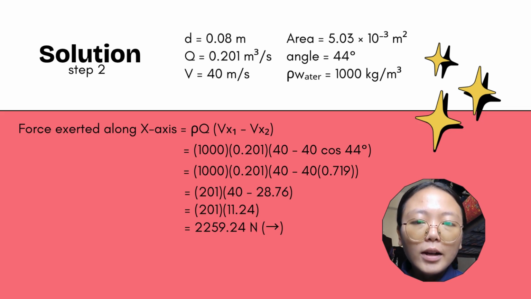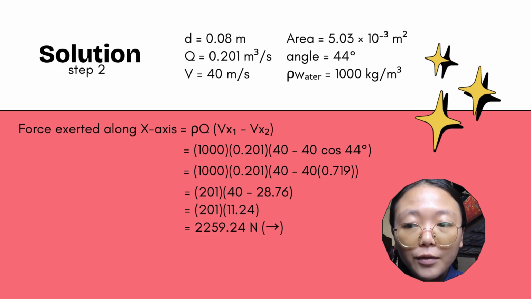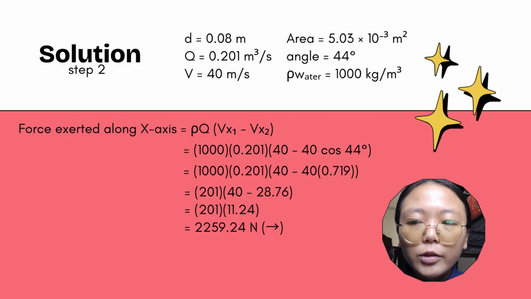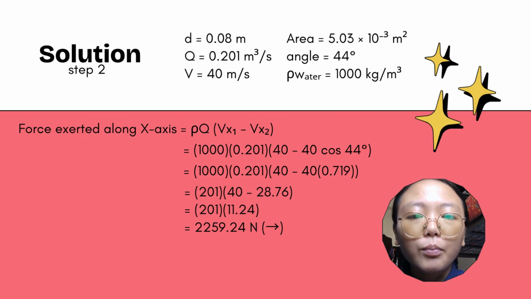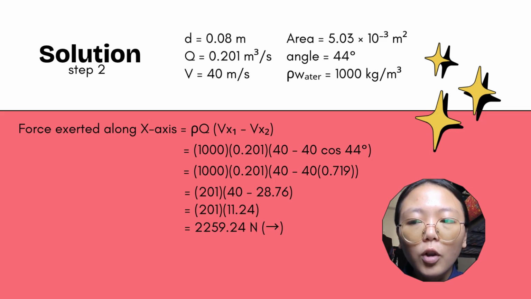So we must substitute 1000 for the water density, 0.201 for the discharge, 40 for Vx1, and Vx2 is 28.76. So we need to subtract 40 with 28.76 and we get 11.24.